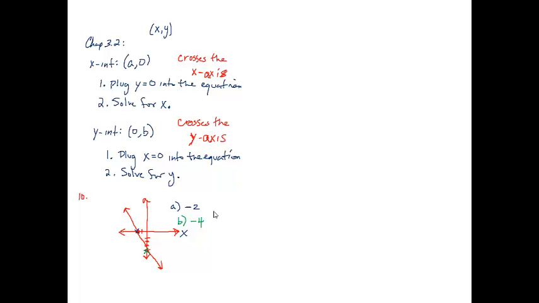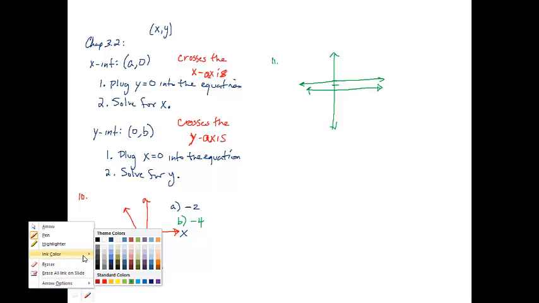Okay. Look at number 11. I don't know what's going on with my pen. Alright, so number 11, now I'm looking for the x-intercept as well as the y-intercept again.